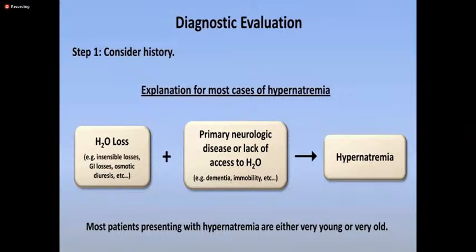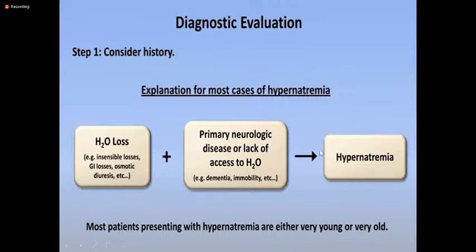So when it comes to diagnostic evaluation of the patient, basically, most patients will present with a history of water loss, either through the GI tract, or osmotic diuresis, or excessive insensible losses. And you can also have a history suggestive of lack of access to water, either due to immobility or dementia or in small children.